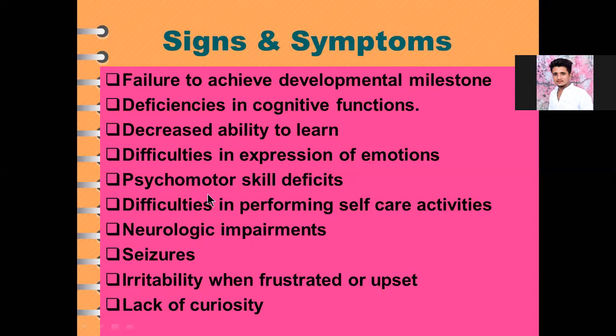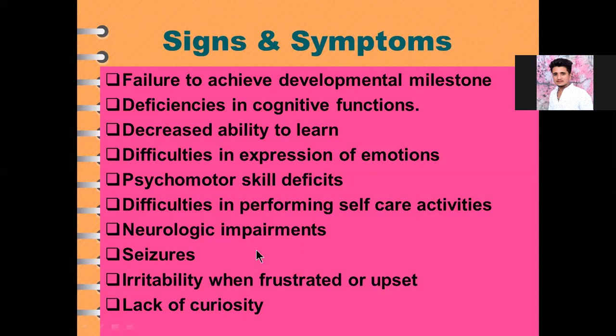The next thing is psychomotor skills are poor. Psychomotor skill आपको पता है, like using our hands and legs for movements to express emotion and feeling, that will be absent. There will be difficulty in performing self-care activities. वो आपको पता है, they cannot do their personal hygienic activities.